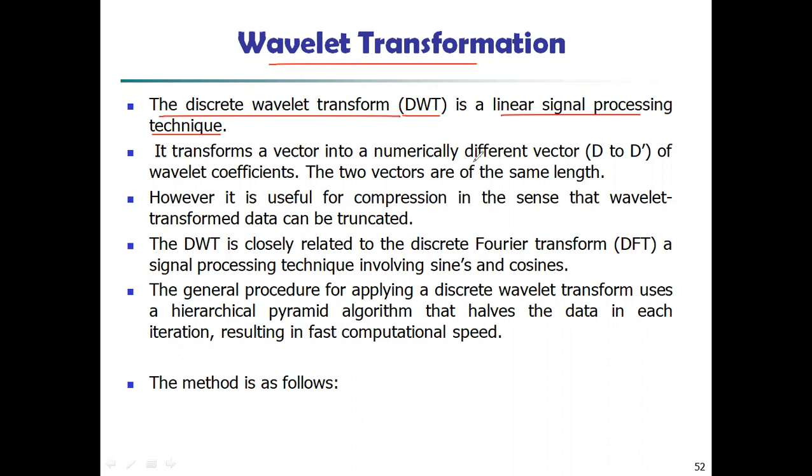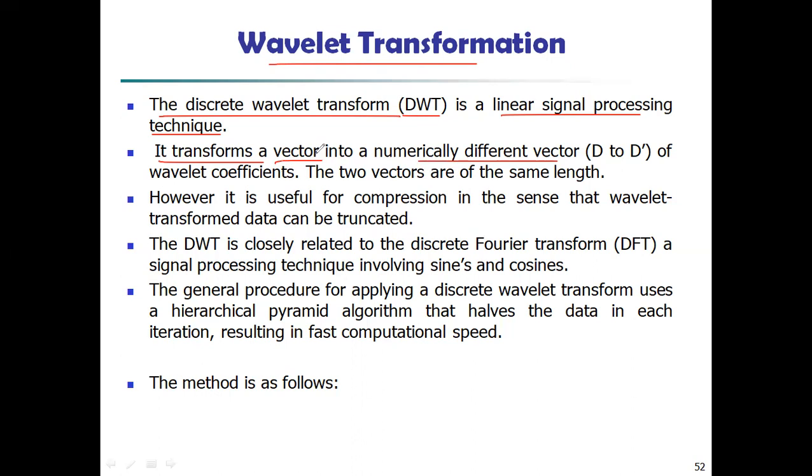It transforms a vector into a numerically different vector. Suppose you have a vector of information; it will be converted into a numerically different vector. Why? Because to generate linear signals, the data is transformed into numerical data.